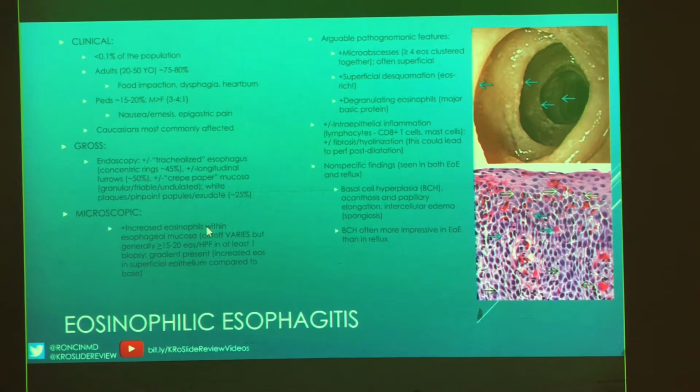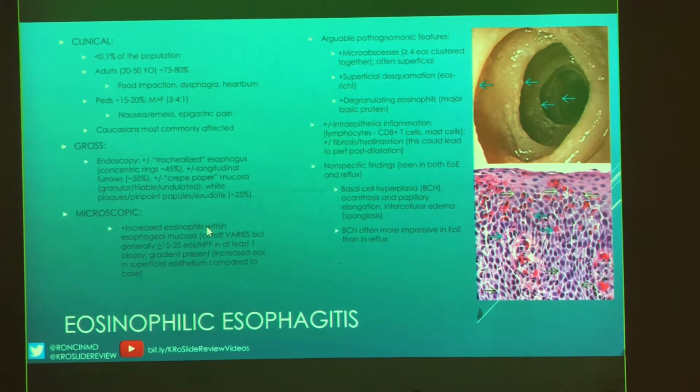And pretty much what was described on microscopic is what you're going to see: a lot of eosinophils within the esophageal mucosa. I have it written here again, the cutoff will vary, but generally you should be seeing more than 15 EOs per high power field in at least one biopsy.